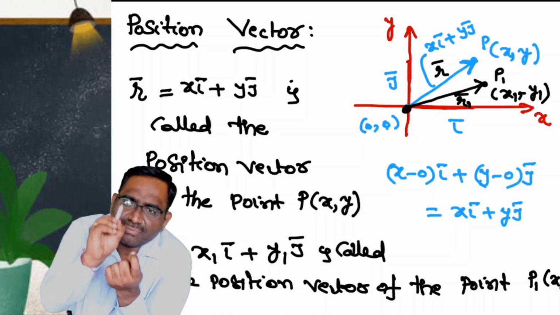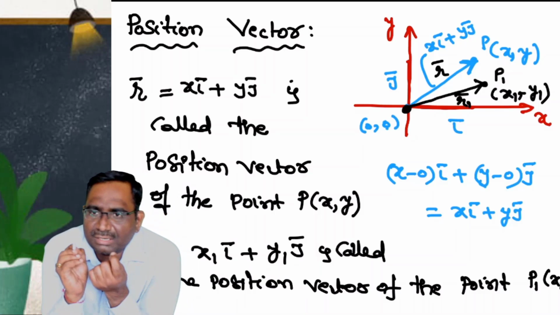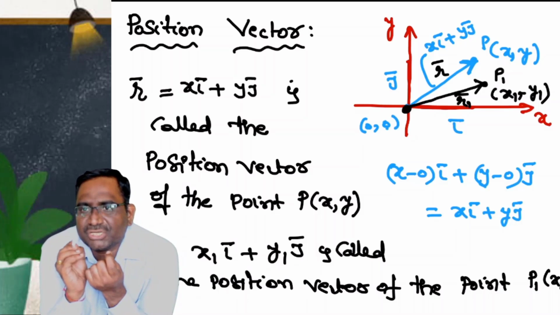What is the vector corresponding to that point? Therefore, this vector is called the position vector.